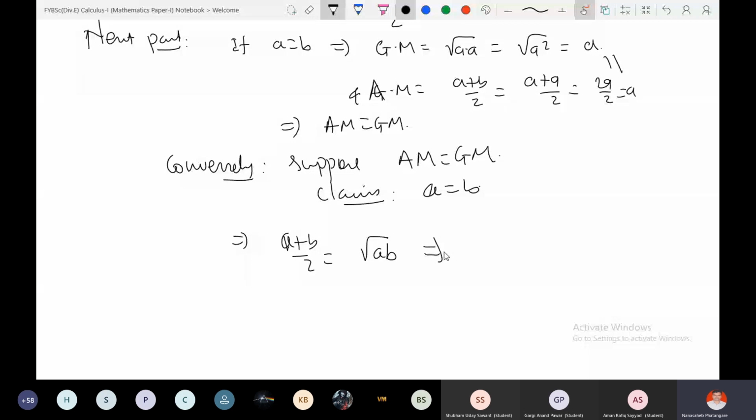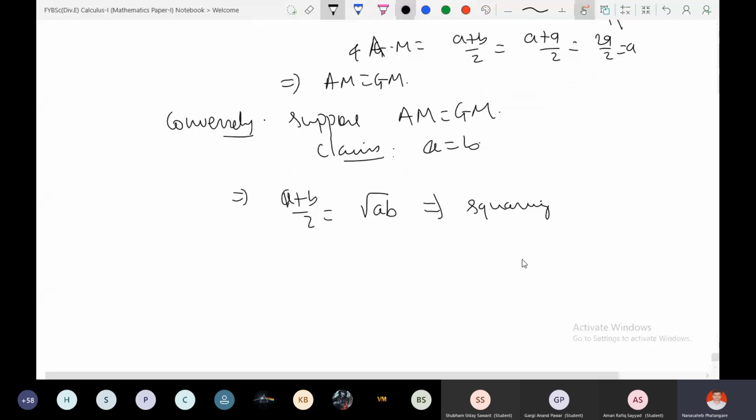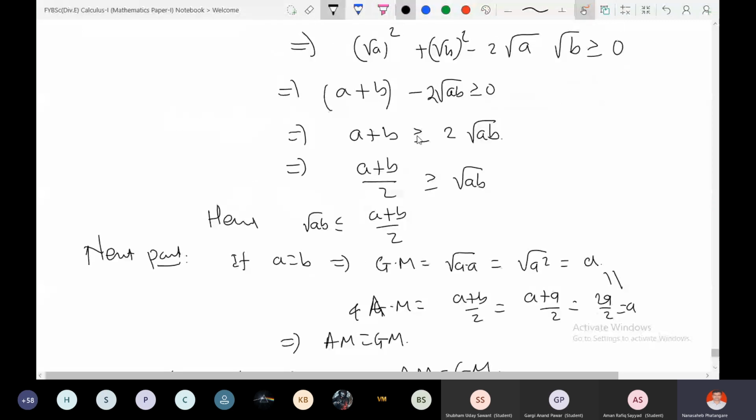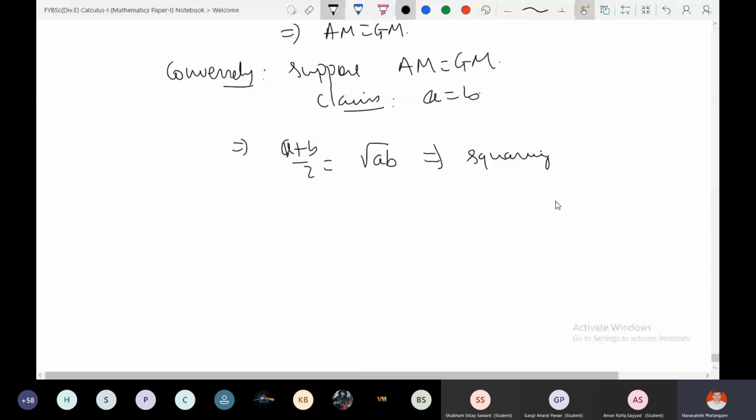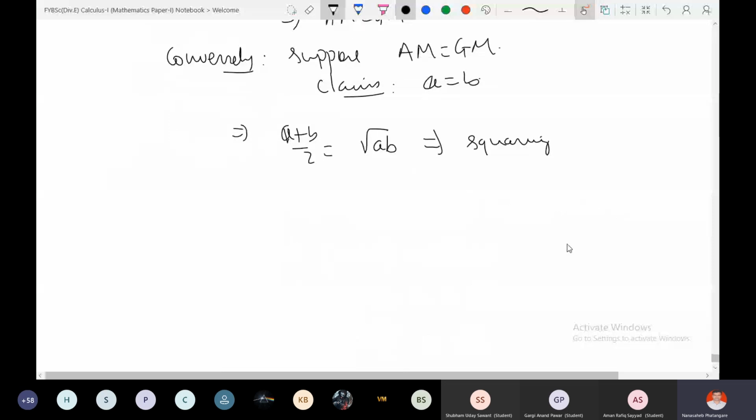Fine. So now squaring both sides, or you can just follow the reverse procedure which we have here, and you will get root A minus root B is equal to 0, and that will give you root A is equal to root B. But alternatively, squaring, we get (A plus B) square by 4 is equal to AB.